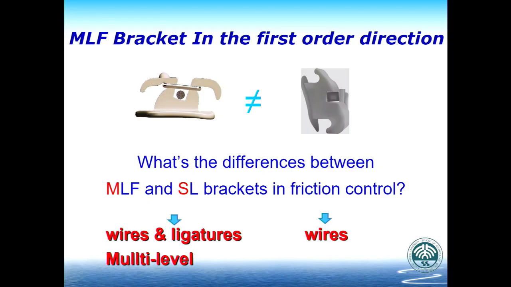But with passive self-ligating brackets, we only have the chance to change the wire, but we don't use ligation. So the levels of friction are not many. We can say it's a single level friction. That's the difference.